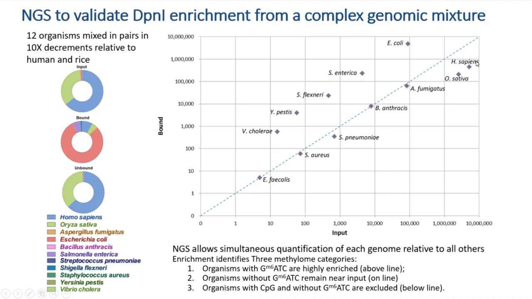What's particularly striking, though, is that human and rice have higher eukaryotic methylation patterns, which includes not only the absence of GATC methylation, but the presence of extensive methylation. And so there's a dislike of the enzyme for binding to these, and you see a decrease in their recovery.